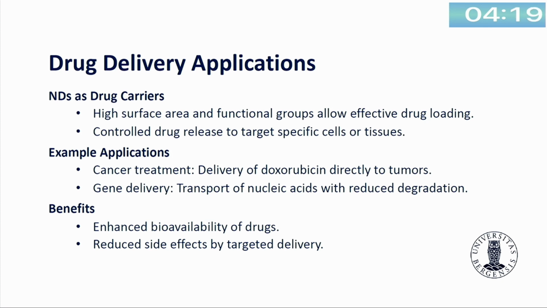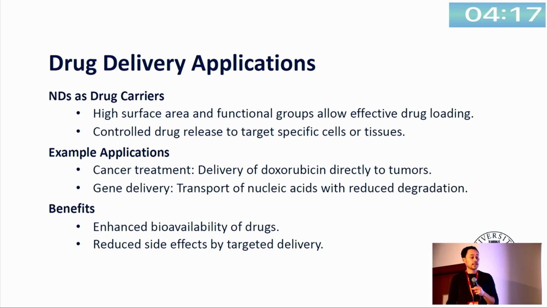Nanodiamonds have been used for drug delivery applications. Because of their high surface area and additional functional groups, it is effective. It is easy to attach drugs and targeting moieties to control drug release for targeted delivery into cells and tissues.